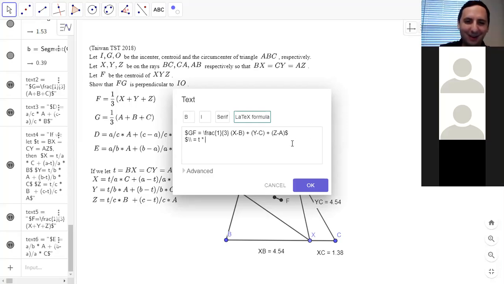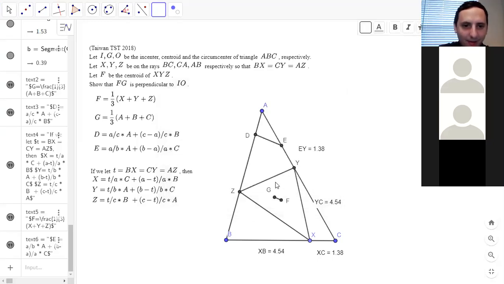Yeah, computation, I'm sorry. Let's think about this.